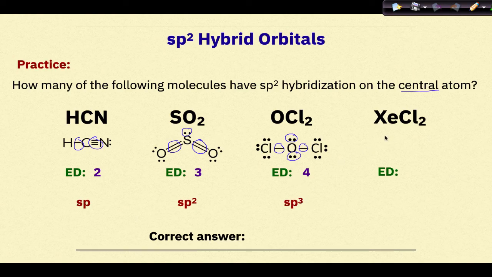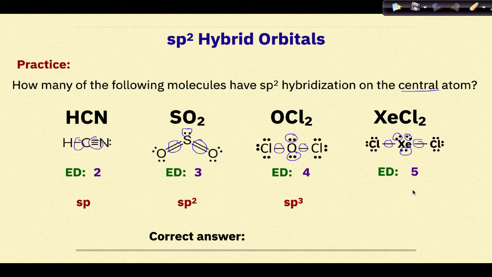And finally, even though it is beyond the scope of this course, we're going to include it anyways. XeCl2. It looks something like this. So how many electron domains do we have? 1, 2, 3, 4, 5. So technically we would have 5 letters. If you take chemistry in college, you might get into this a little bit more.